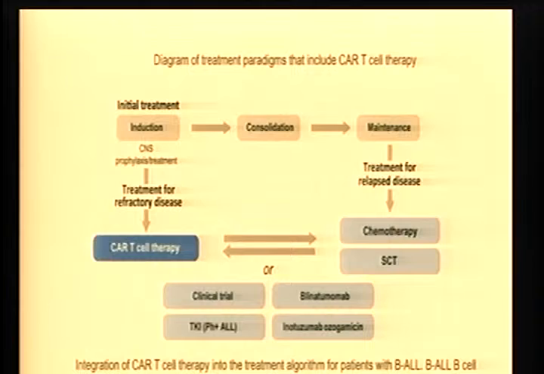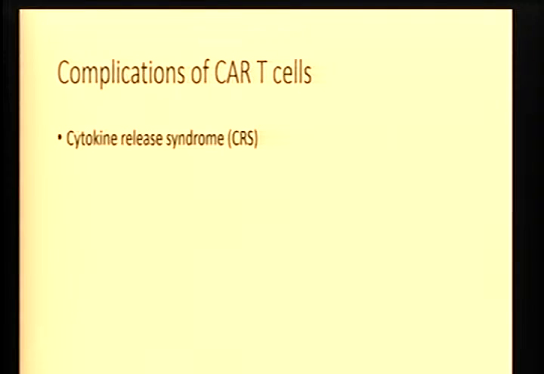So okay, one of the major complications of CAR T cell therapy is that when you have a high level of immune response, like in flu infections and other infections, a lot of cytokines are produced.